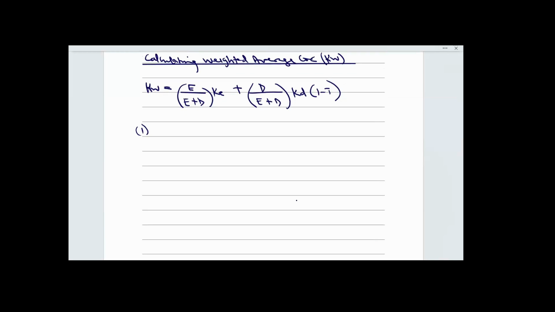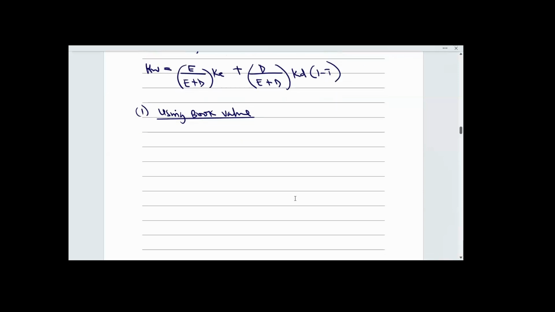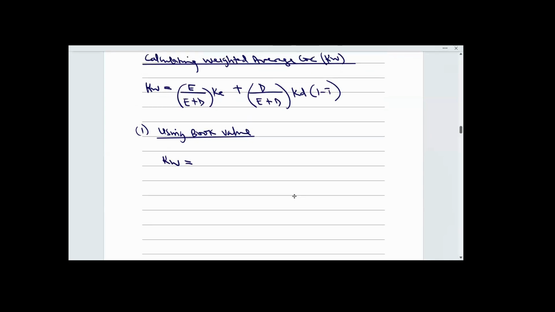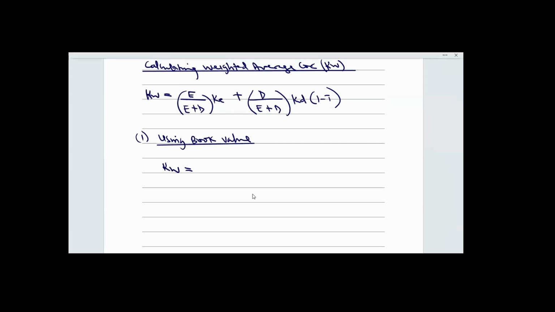Roman figure number 1, using book value. Like I explained, using book value, you are expected to add together ordinary share capital plus reserves to form the proportion of equity. Therefore, WACC will be equal to, I need the book value of equity. I will go to the balance sheet as given to me.